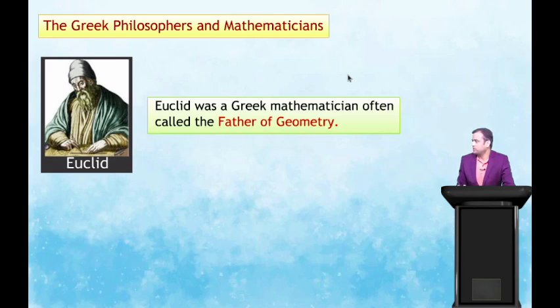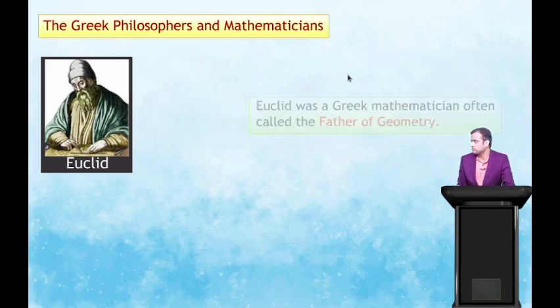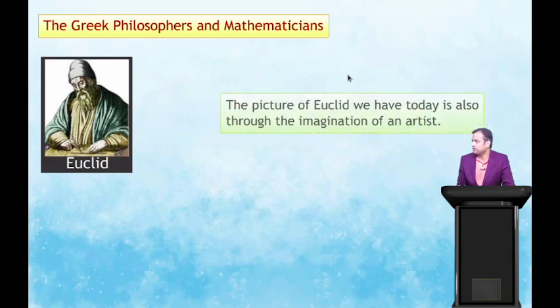Euclid was a Greek mathematician, often called the father of geometry. So who is the mathematician called the father of geometry? Yes, it is Euclid, because he gave a lot of theories related to geometry. The picture of Euclid we have today is also through the imagination of an artist. So this is not a real picture of Euclid, it is just an imagination.